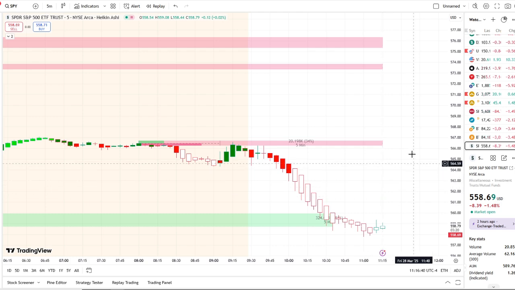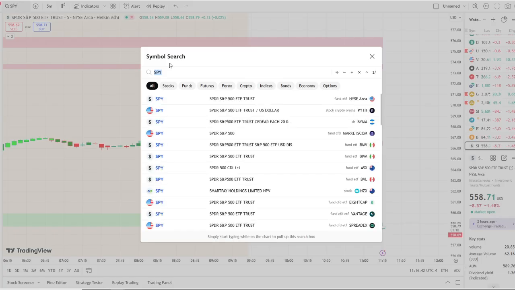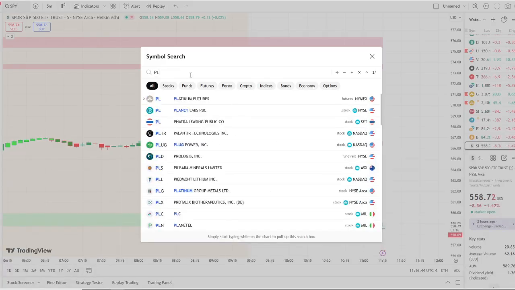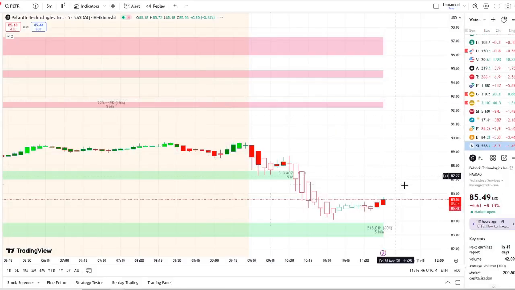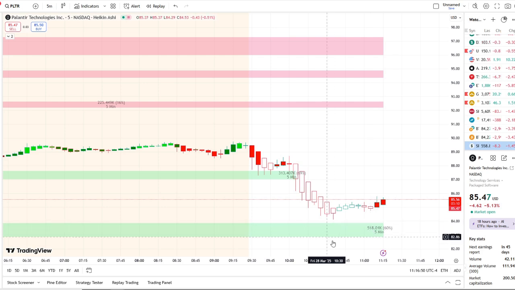So here we are with PLTR going ahead and fighting in the live action to find support down here near $84. It's trying to push back up away from that inflow level there and back up towards 85. The first resistance I'll be watching here today going into the close is going to be 86 to 87.